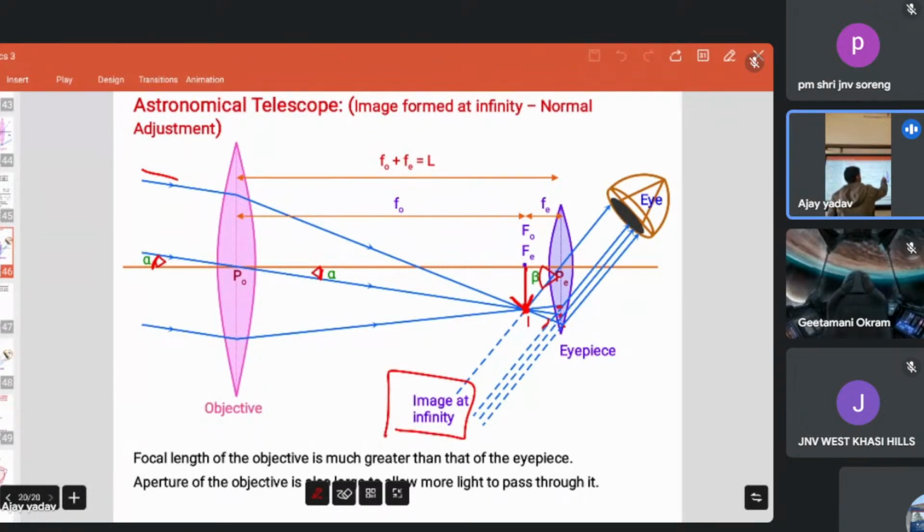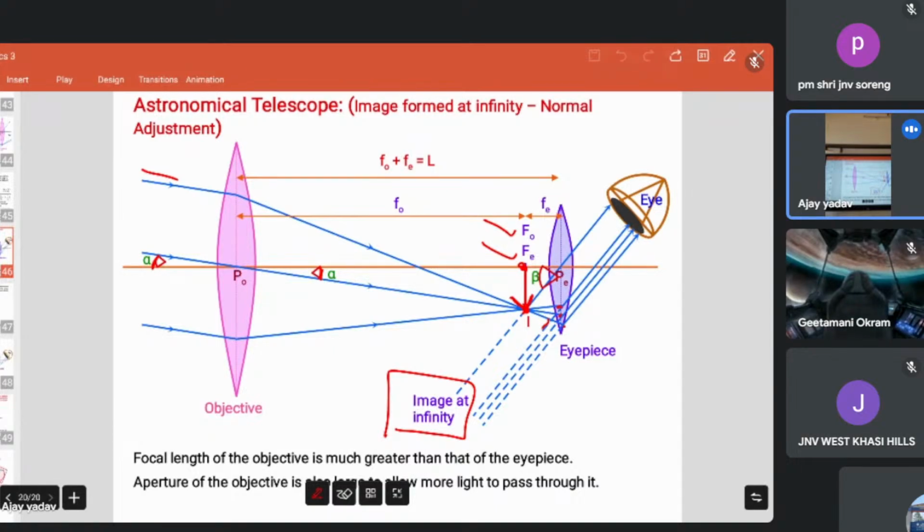Here, in this case, you have to remember that in normal adjustment, the focal length of the objective lens and the focal length of the eye lens both lie at the same place.